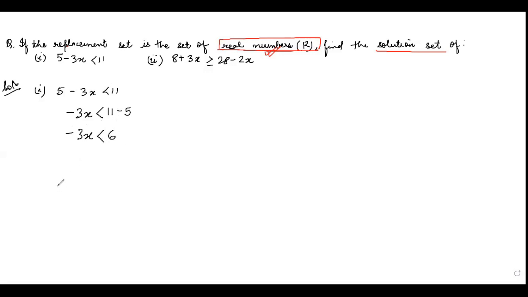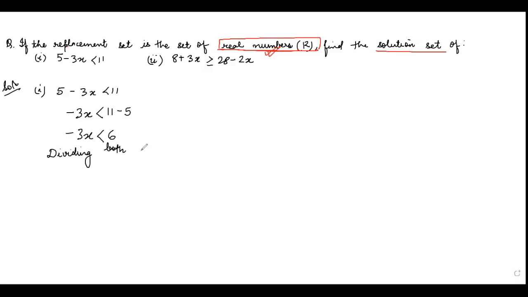In the next step, what will I do? Be very careful. Next step, we will be transferring this minus 3 on the other side. But I have told you that you show the actual operation, because that would avoid you from committing errors. What we are actually doing, we will actually divide both sides with minus 3.